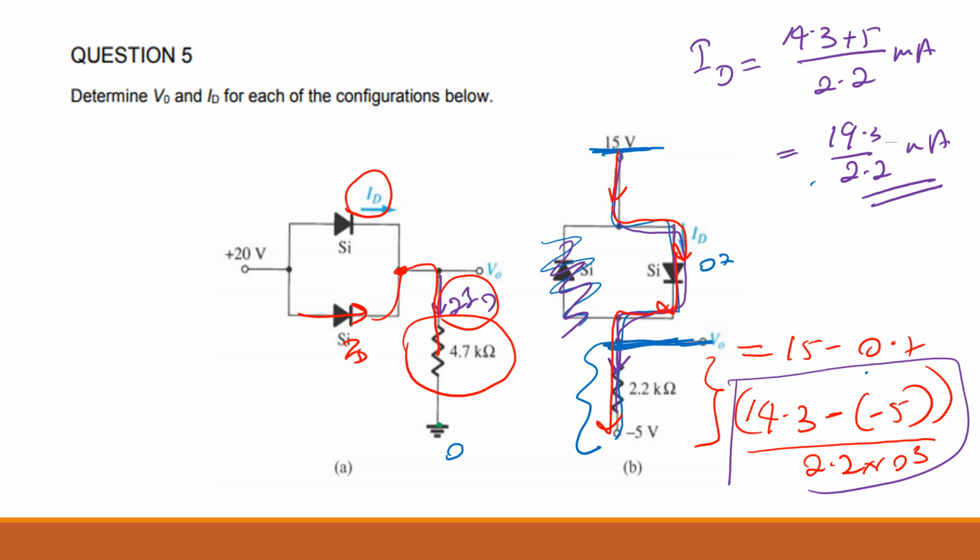In the previous one, it was 2 ID because both the diodes were forward bias, so current is flowing from both the diodes equally, because both the conditions are the same. If there is 5 amps going up, there should be 5 amps going down, equally divided. So whatever current comes here is equally divided. But in this case, whatever current comes is going across only one diode. Now the diode is reverse bias. Make sense?